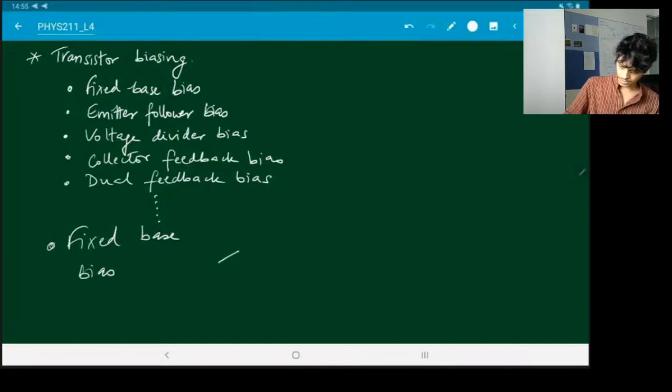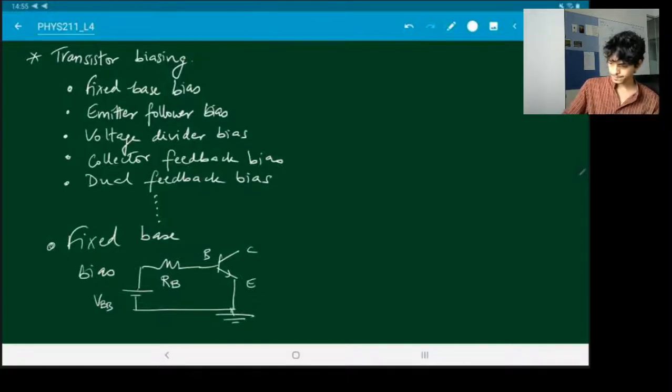So in this circuit, collector, base, emitter. So I put some base resistance over here. Let's call this VBB. Let's ground this circuit. And I'm going to put some collector resistance over here.